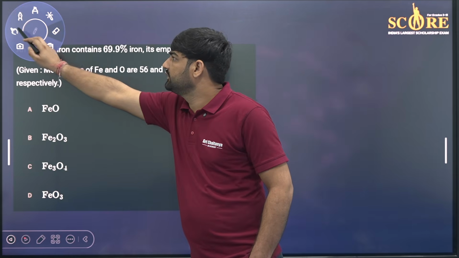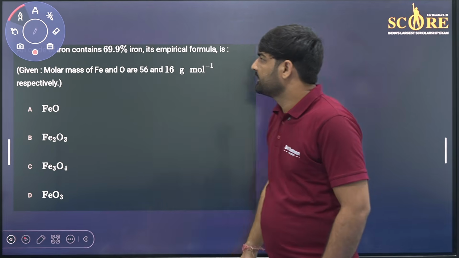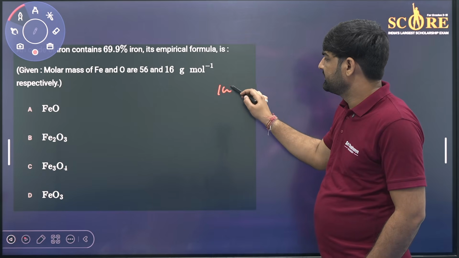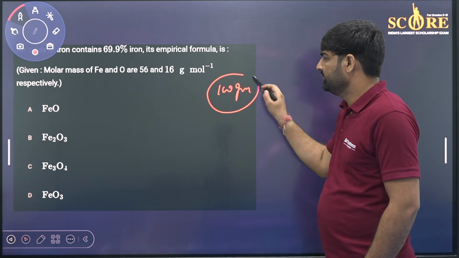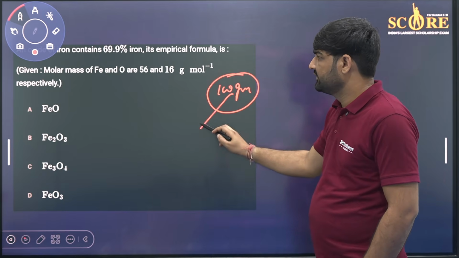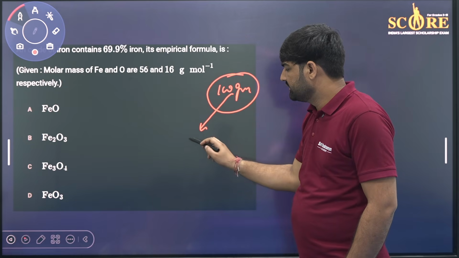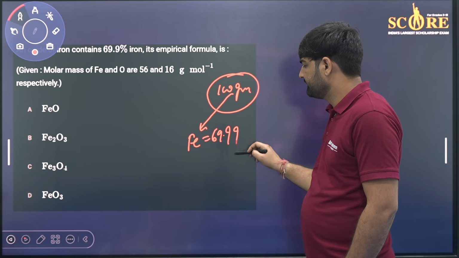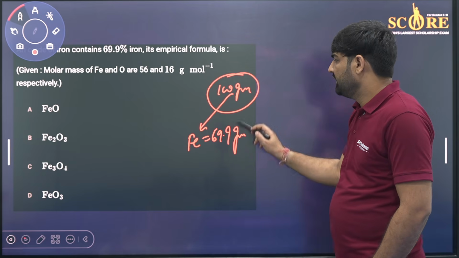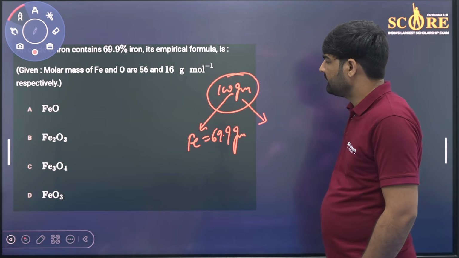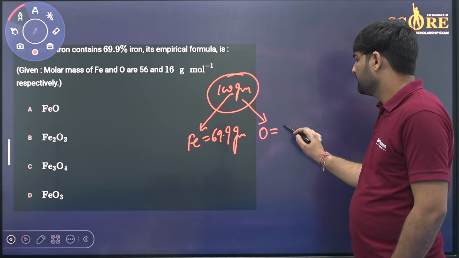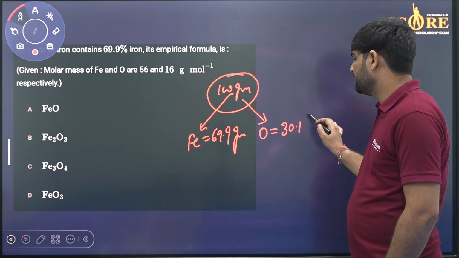So let's say the total mass is 100 gram. We assume that in this the mass of the iron is 69.9 and the mass of oxygen is the remaining. So I think the remaining is 30.1 gram.